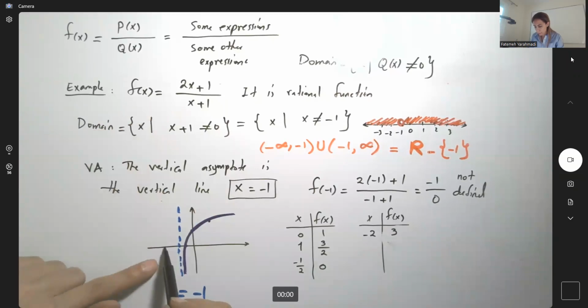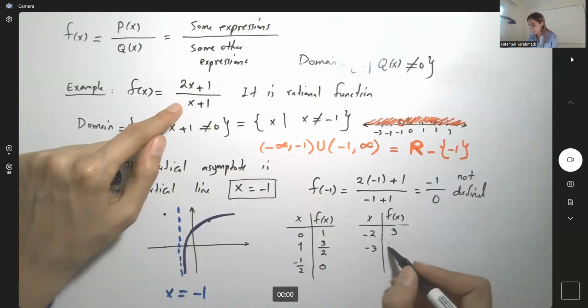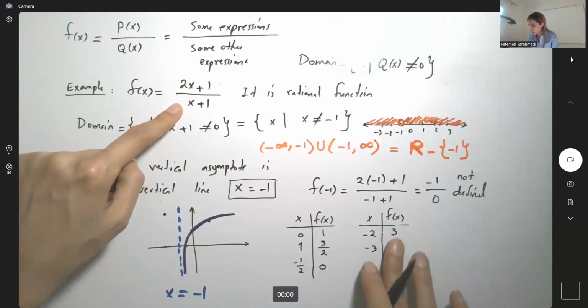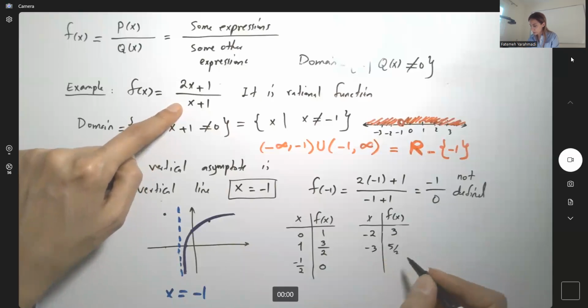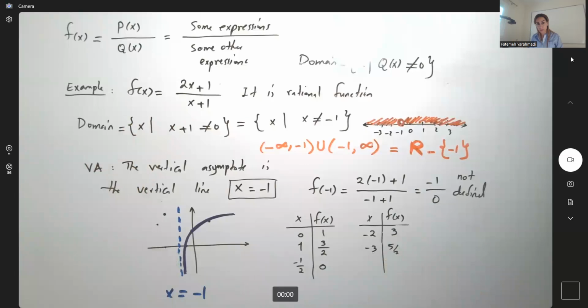So at -2, I have a 3. Let me plug in -3 as well. If I plug in -3, I get -5 divided by -2, or 5 over 2, 5 halves. It starts getting smaller. So we expect the behavior to be like this. If you plug in another value, the behavior of the function is going to be like this.